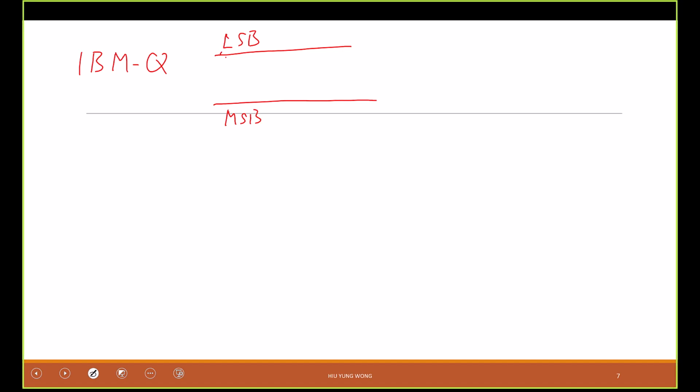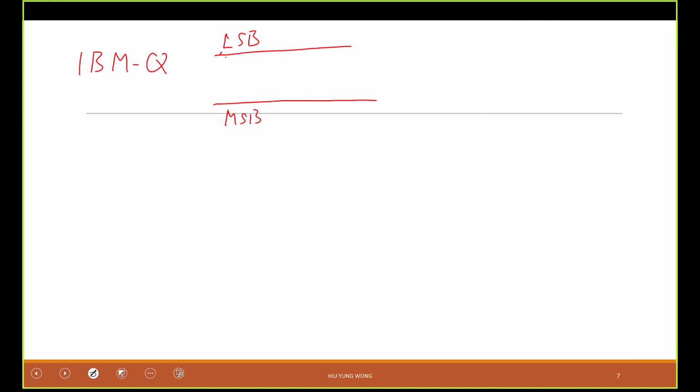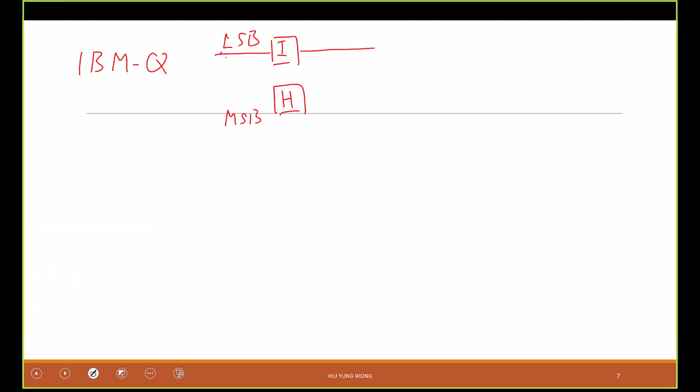Okay? So how should I draw the circuit now based on this? Just swap it. It was H on top. Now I'm going to put H at the bottom and then I on top. And how about the control knot? Flip it also.